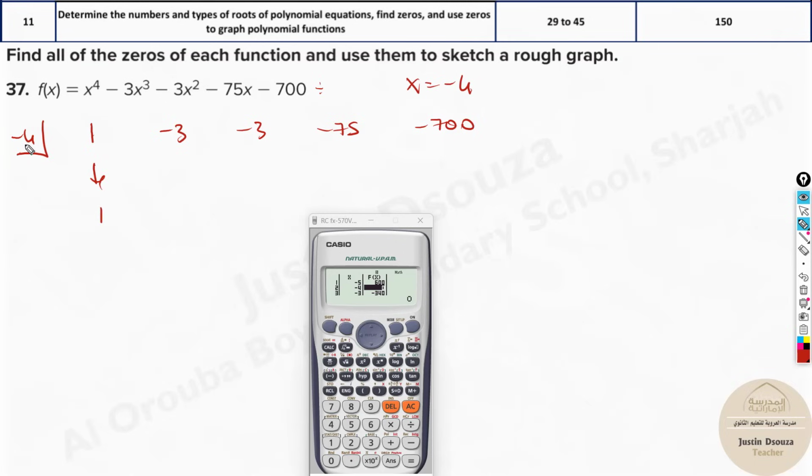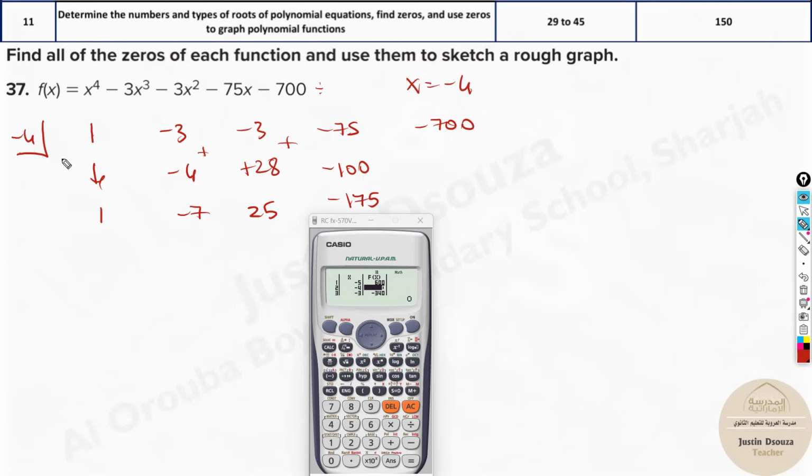This goes down as it is, 1. Over here it will be -4. Add them up, it will be -7. 7 times 4 is 28, but negative and negative makes it positive 28. Then add them up, it will be 25. 25 times 4 is 100, but it will be -100 over here, and you will have -175.